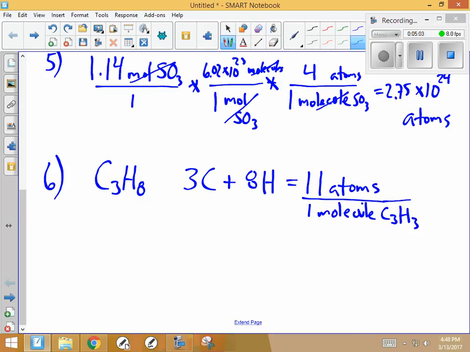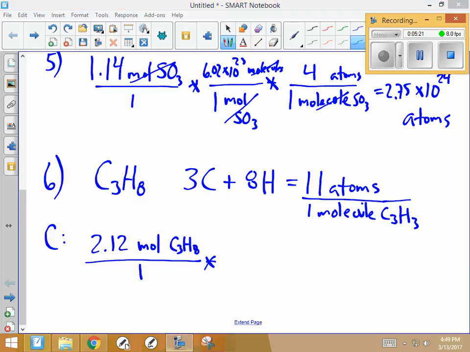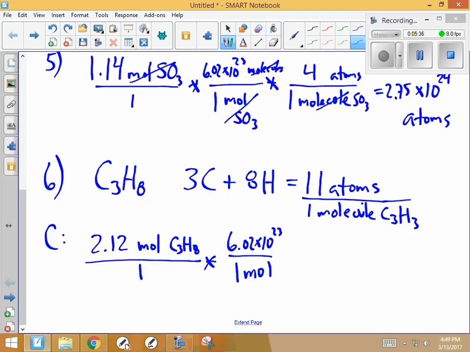Now, the first one, they asked us for how many atoms of carbon are in 2.12 moles of C3H8. So what I'm going to do first is, once again, multiply by a conversion factor. On the bottom I have moles, so that my moles will cancel. And on the top I have that favorite number of ours, 6.02 times 10 to the 23rd molecules.